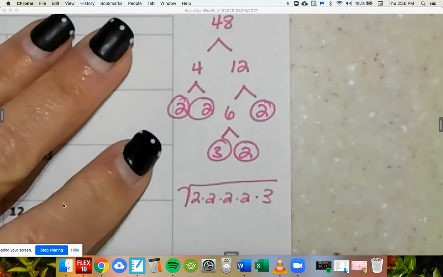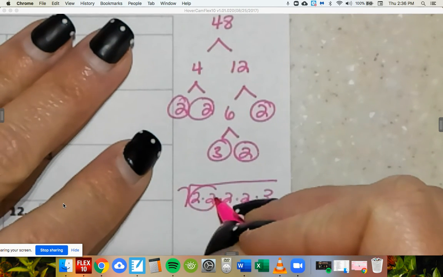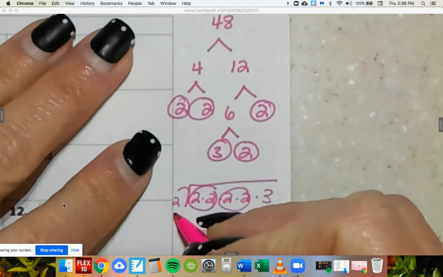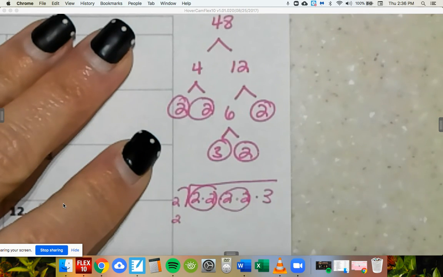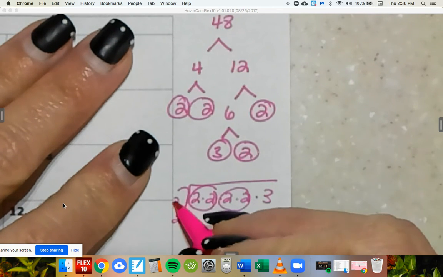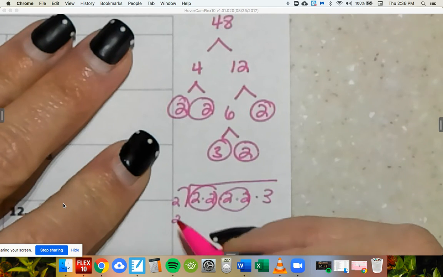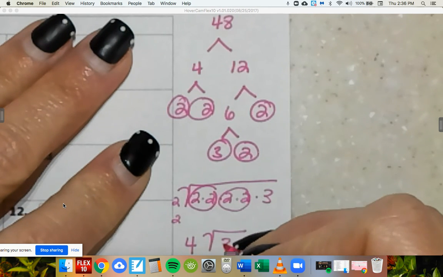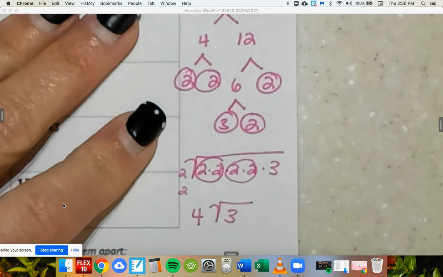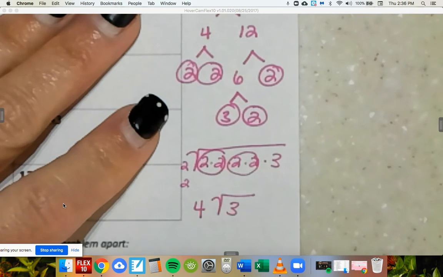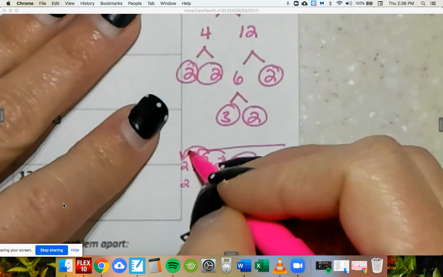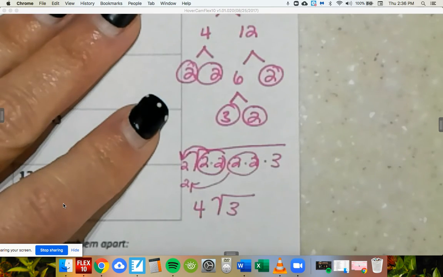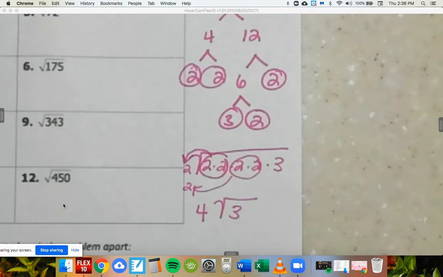I'm going to look for pairs. There's a pair of 2s, so I take a 2 out. There's a pair of 2s. I'm going to take another 2 out, leaving behind a 3. So I took a 2 out and another 2 out. 2 times 2 is 4. So 4 is on the outside, and the square root of 3 is still left behind. So it's 4 square roots of 3. Right? So you took 1 2 out here and another 2 out there, and those became that 4. So prime factoring is another good way to do it.